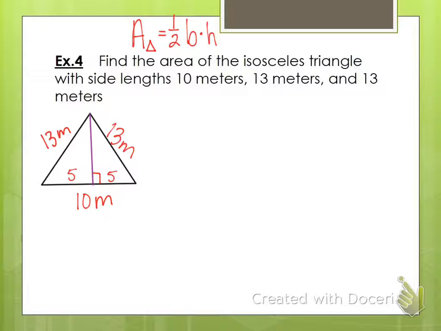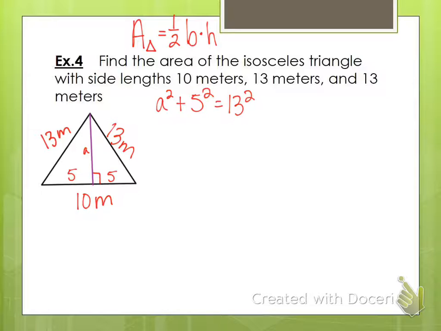Now that we've done all that, we can find the height of the triangle using the Pythagorean theorem. Are we looking for a leg or the hypotenuse? We're looking for a leg, so A or B. I'll, again, just use A. So A squared plus, what should I plug in for B? 5 squared equals 13 squared.